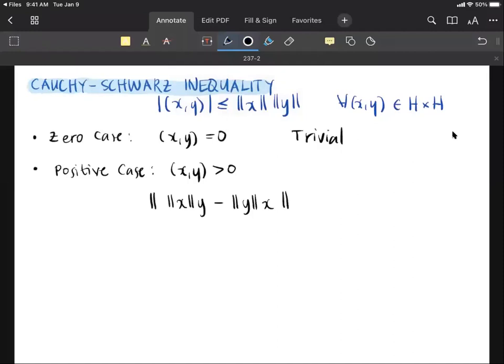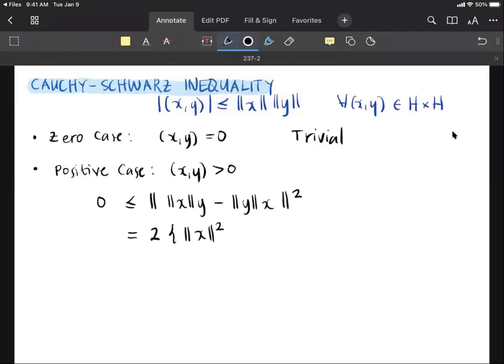You take the norm of that vector and then you take the square. Obviously, this is non-negative. Okay, then you apply the definition of the norm. So you take the inner product of this vector with itself, and then you apply the properties of an inner product, after some calculation.